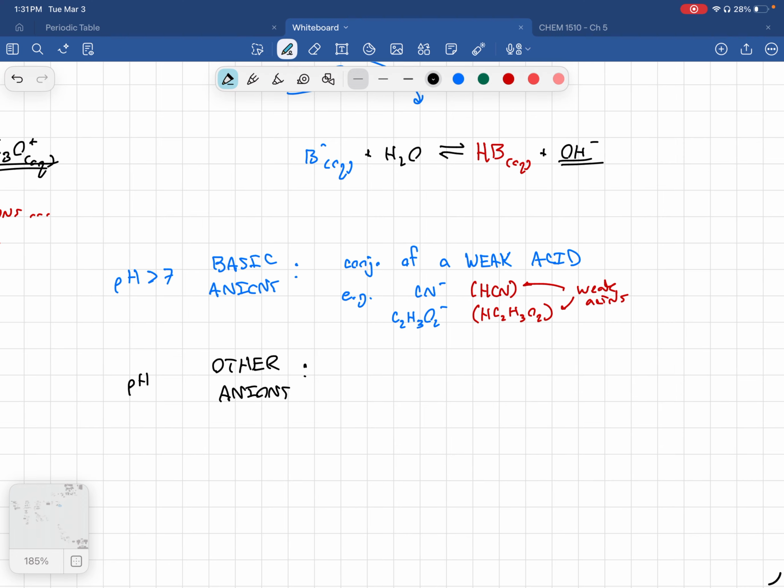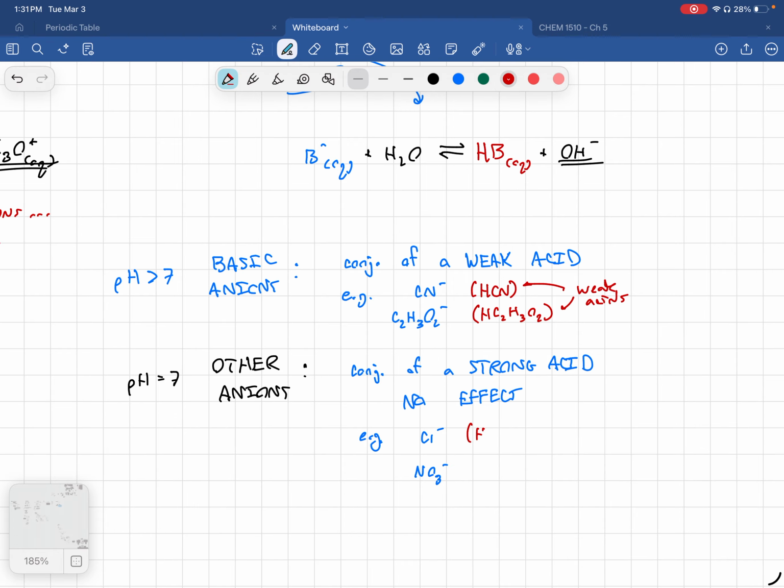So what leads to pH equal to 7? Strong, so the conjugates of a strong acid will have no effect on pH. So what do we mean there? Well, Cl minus or NO3 minus, right?